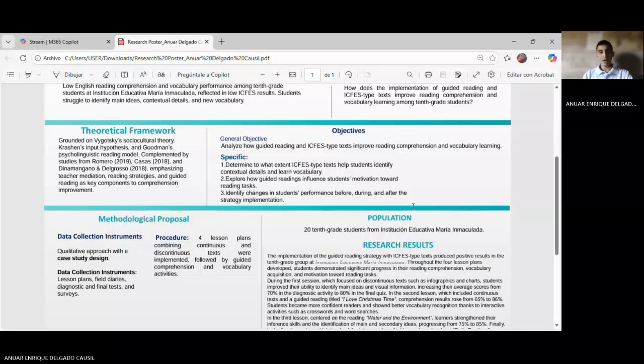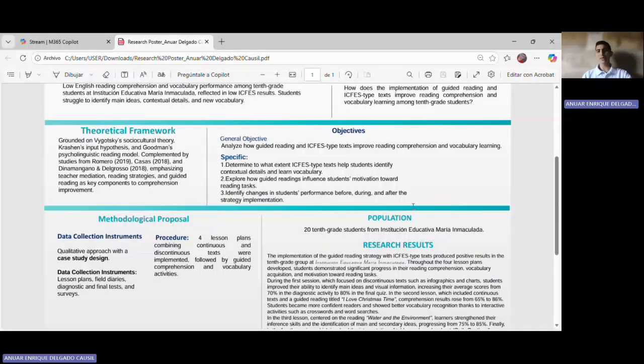Also in lesson 2, lesson 3, and lesson 4, we see that all this progress is essentially effective. These results show that students became more confident readers, improved their vocabulary, and were better prepared for ICFES test questions.